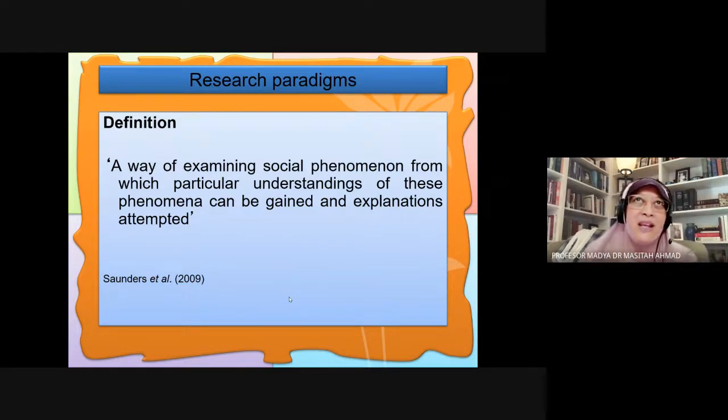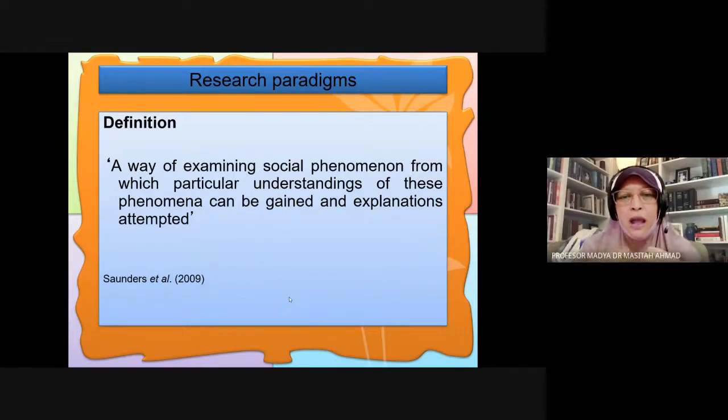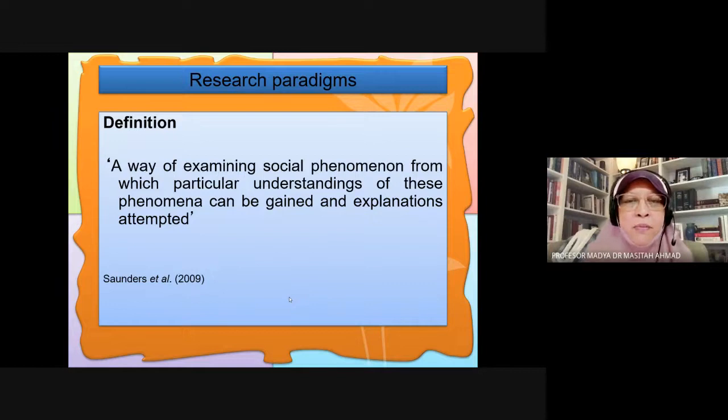What I can make as a summary of this definition is that when we talk about the research paradigm, it is how we look into social phenomena and understand them. Do we look at these phenomena as something good or something bad? And after we really understand the social phenomena, we will explain it to make sure people really understand what we found from our research.